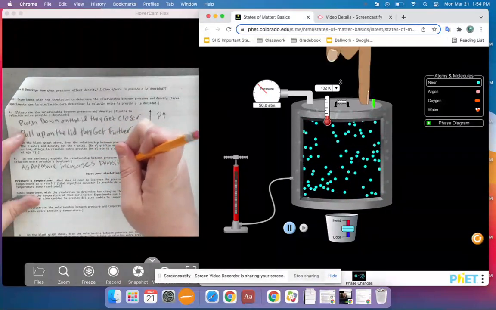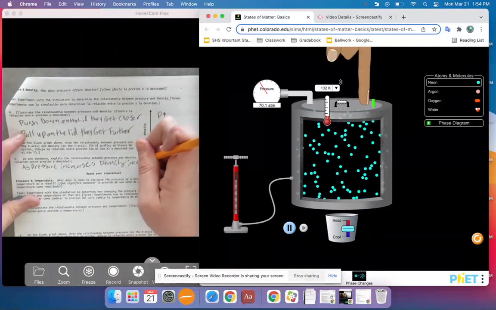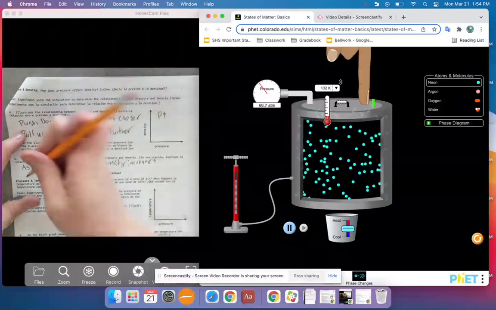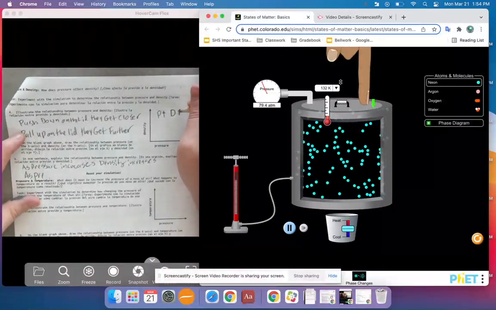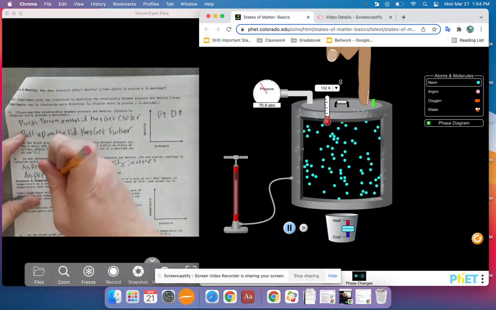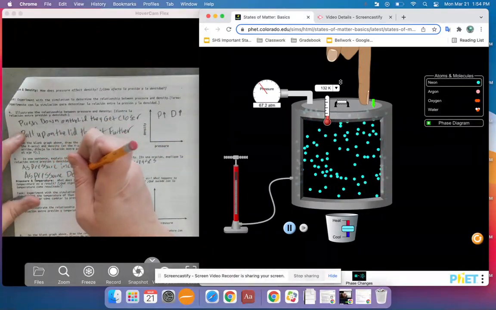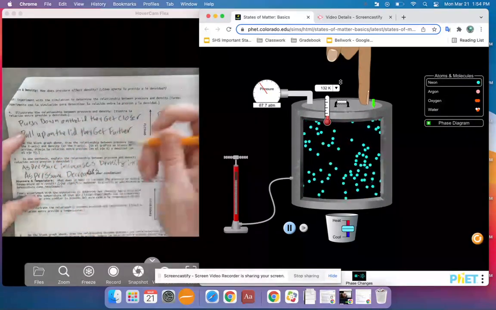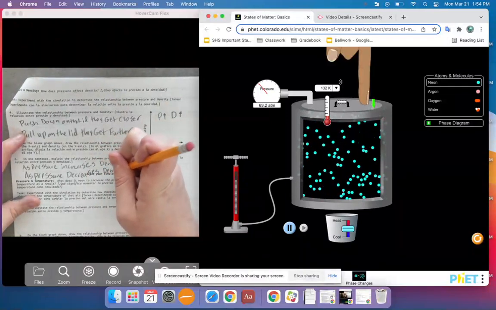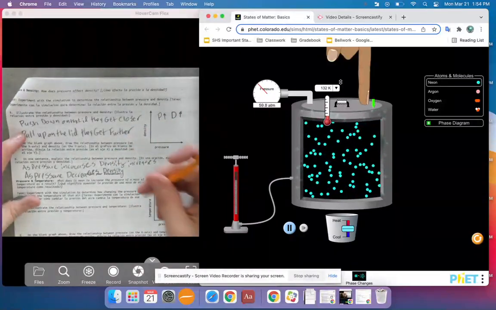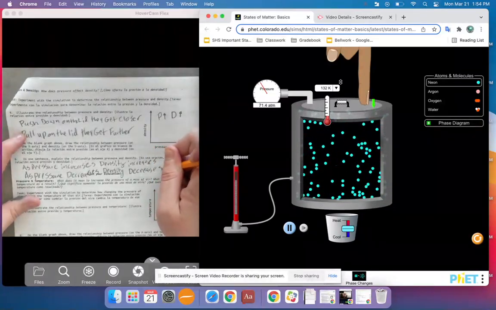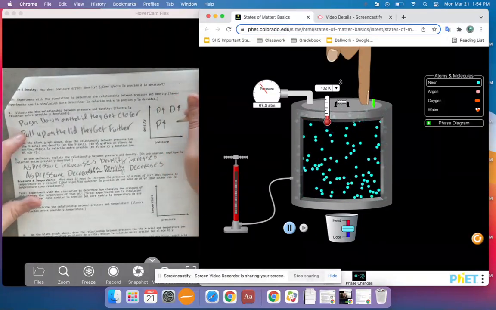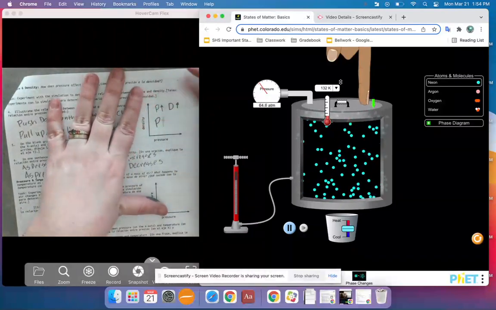Density increases. As pressure decreases, density decreases. They get further apart.